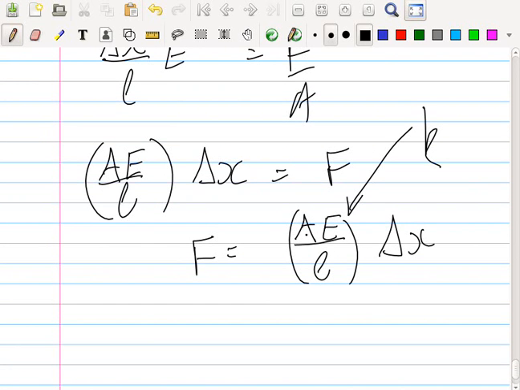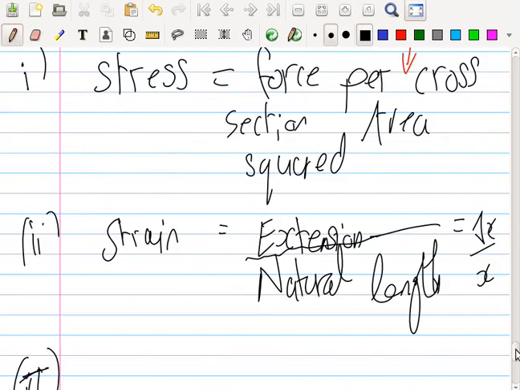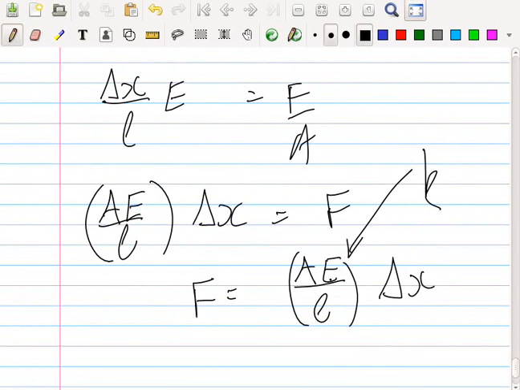Now, do we know the A, the area? We do. Do we know the natural length? Yes. And do we know the E? We don't. If I knew the E, I could then find the K. Anyways, let's go back to our graph.